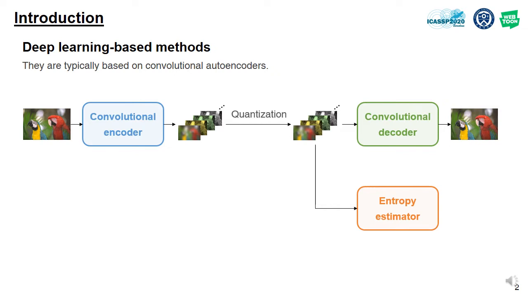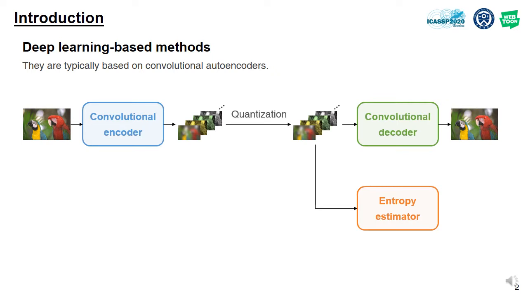First, the convolutional encoder transforms an input image into a latent representation. Then, it is quantized. The quantized latent representation is fed into both convolutional decoder and entropy estimator.